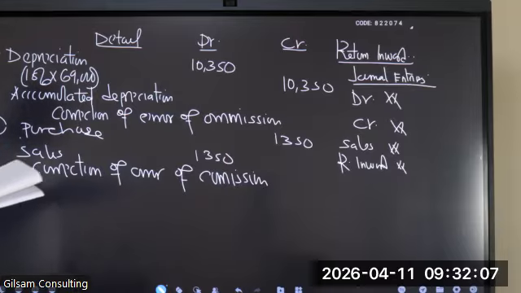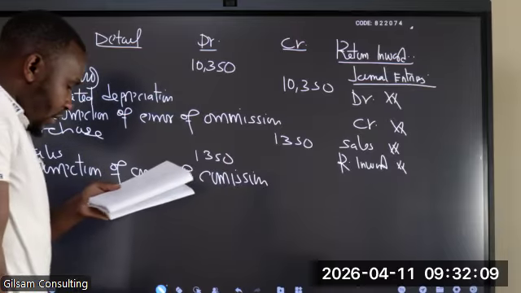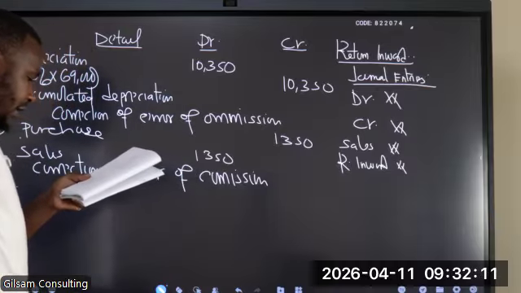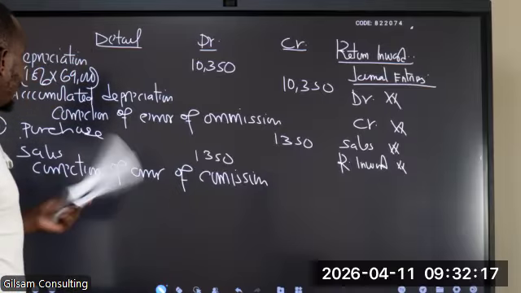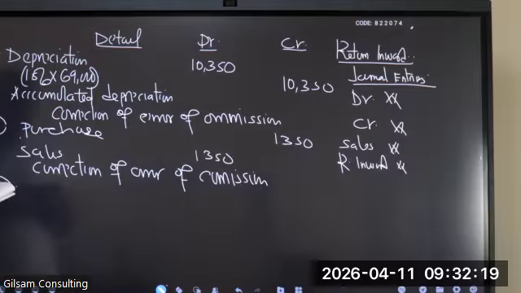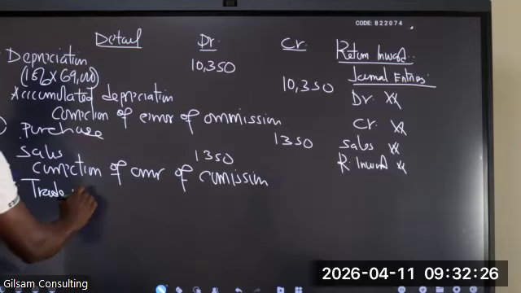Number 5. The trade receivable were overstated by... So anytime we see overstated or overcasted, the suspense account should be there. Trade receivable is a current asset.